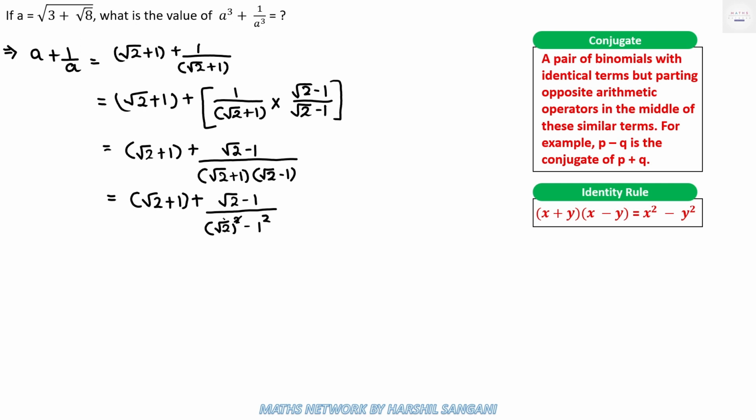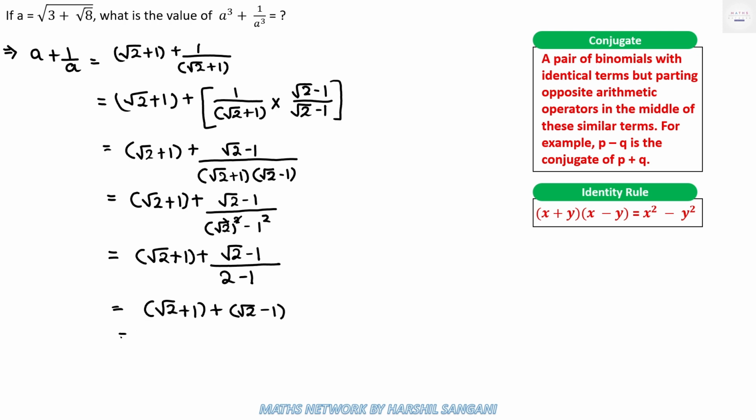Guys, here the square and the root will get cancelled and now we will have root 2 plus 1 plus root 2 minus 1 upon 2 minus 1, which is 1. Now it will be root 2 plus 1 plus root 2 minus 1.